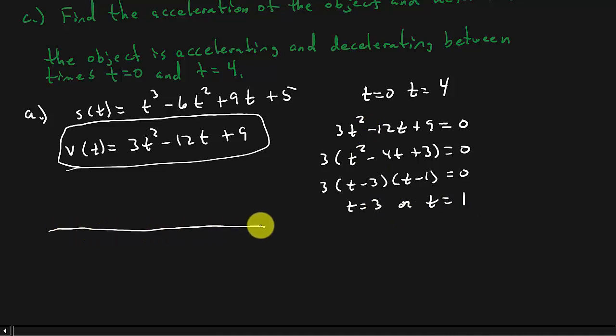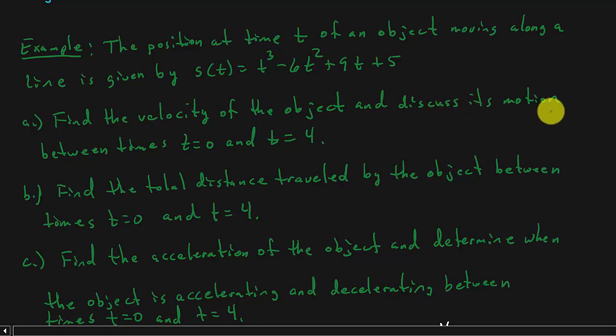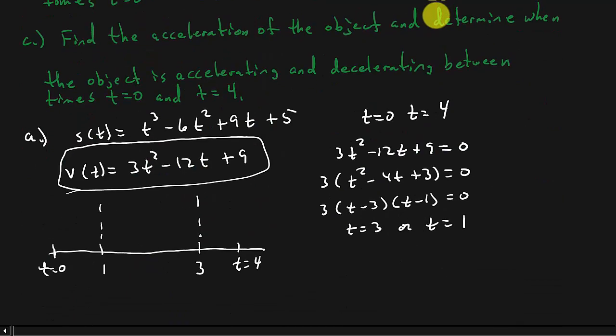And if I look at that on a number line, see how it breaks this up? And we're discussing from t equals 0 to t equals 4. That's what we want to know. We want to discuss its motion between times t equals 0 and t equals 4.